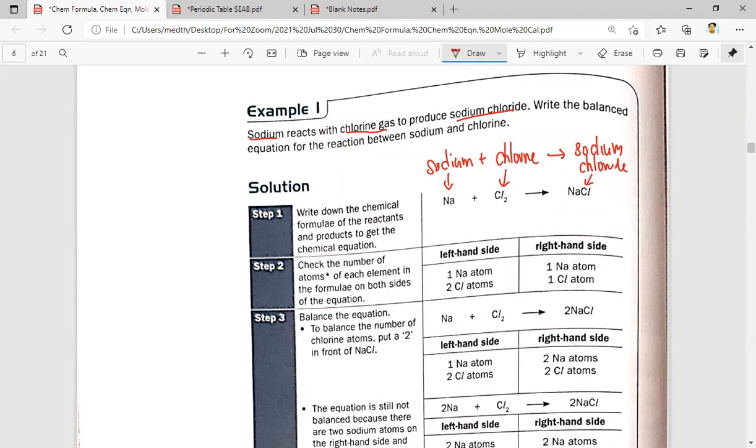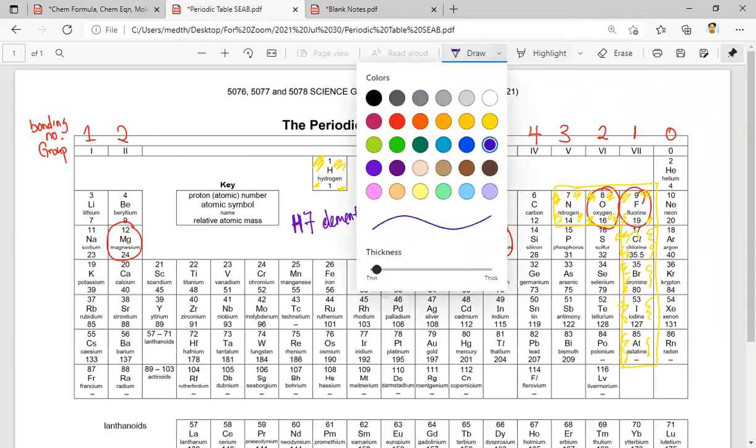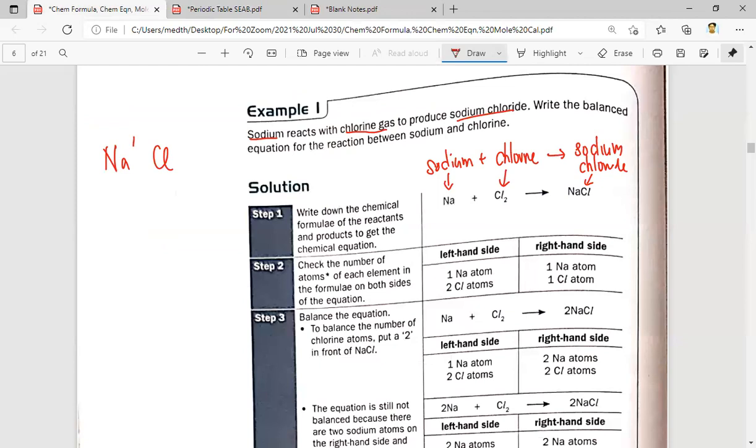To write a compound's chemical formula, how do you know sodium chloride is NaCl? It's because you did this. Once sodium and chlorine are bonded to each other, to know the chemical formula, we need to do the crossover method. Sodium is over here, bonding number 1.